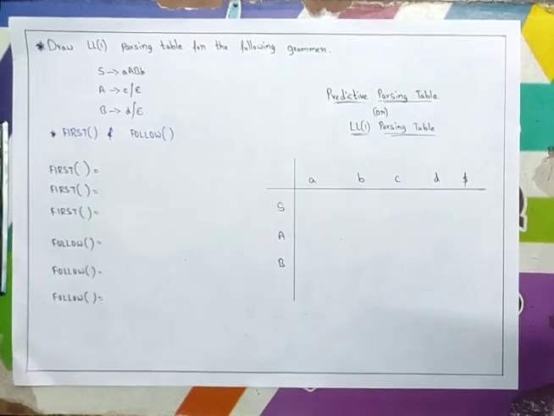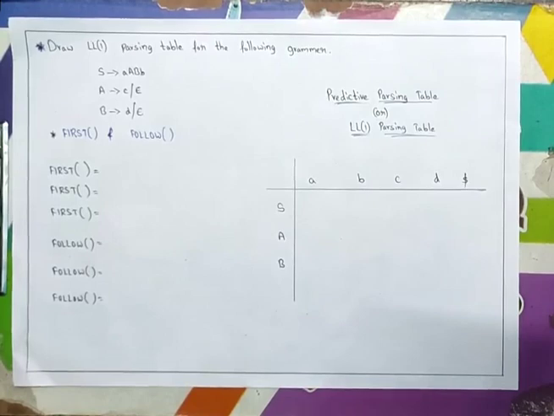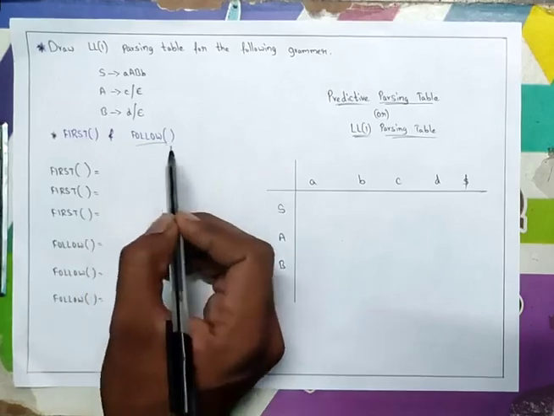Here we have to draw an LL1 parsing table. While drawing an LL1 parsing table, we mainly use two functions, the first function and the follow function.